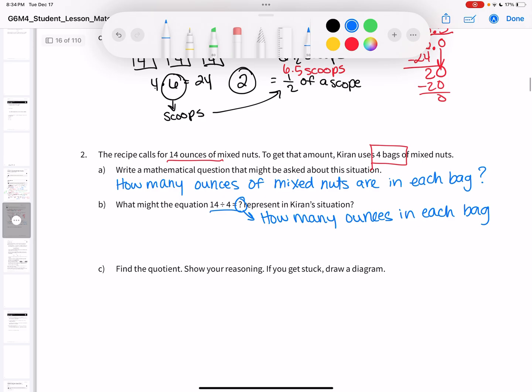The 14 is the total ounces, and the 4 are the number of bags. So this really says I'm dividing my total number of ounces by 4 bags. So how many ounces go in each bag?